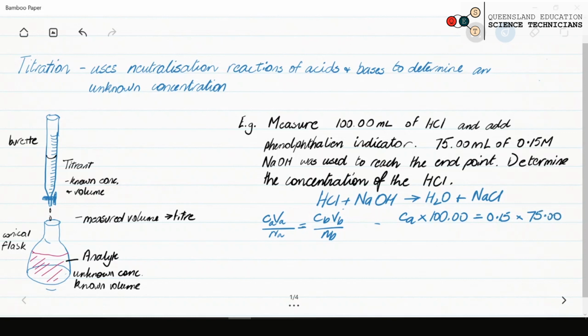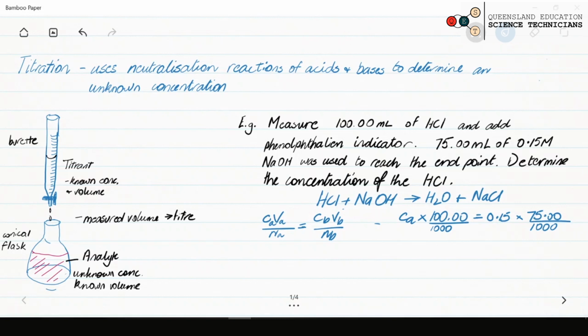To be fully correct, if you find it easier to always convert to litres, which is the volume unit we should be using, and you don't want to have to remember the situations where you don't have to, then always convert. But in this particular case, because on both sides we're going to divide by 1,000, they'll cancel each other out. So technically we don't need to.